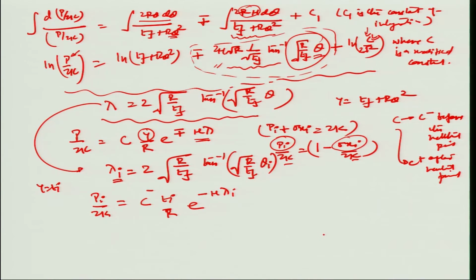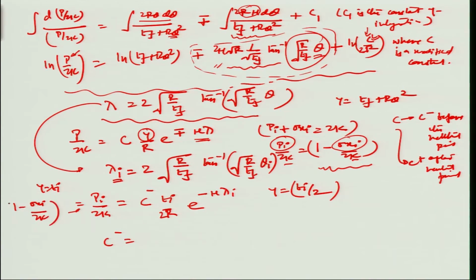And so from this expression we can easily get the value of C. I'm sorry, there is a 1 by 2 term here. You have to remember y is actually half the thickness, so y is Ti by 2, whether it's initial or final. That is how you represented y before. So we have the C minus value calculated from this expression, if I substitute again the value of Pi, which is 1 minus sigma xi by twice k.